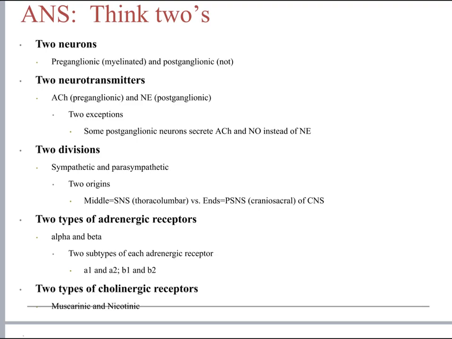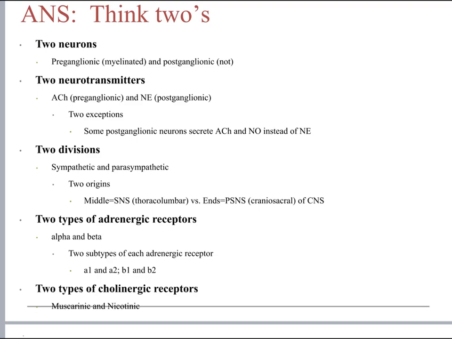Think twos. 2 neurons, preganglionic myelinated and postganglionic not. 2 neurotransmitters, acetylcholine, preganglionic, and norepinephrine, postganglionic. 2 exceptions, some postganglionic neurons secrete acetylcholine and nitric oxide instead of norepinephrine. 2 divisions, sympathetic and parasympathetic, with 2 origins. The sympathetic nervous system is thoracolumbar, and the parasympathetic division is craniosacral.